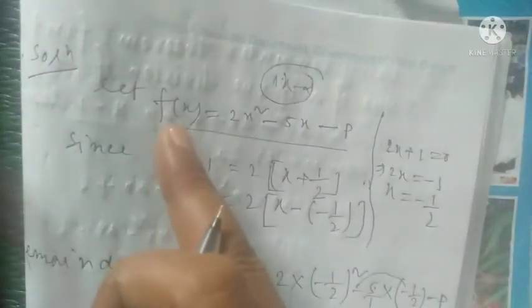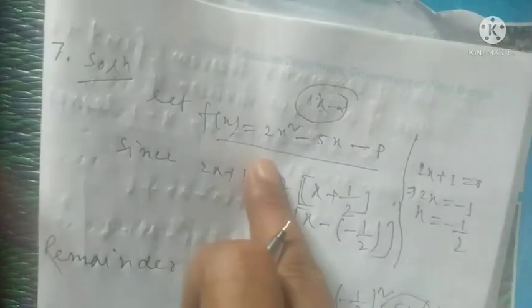So you have to write let f of x equal to 2x square minus 5x minus p, because it says what must be subtracted. If it were what must be added, then you would write plus p here. I am taking p; you can take any alphabet other than x.